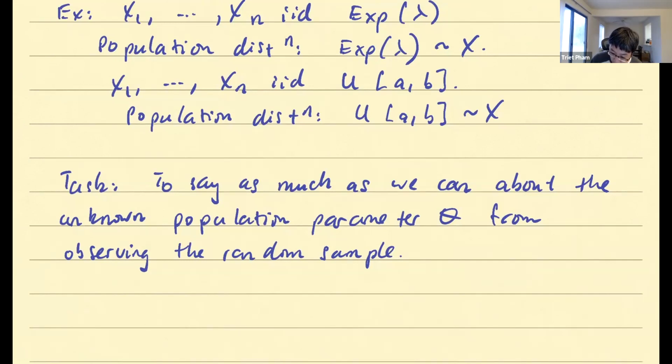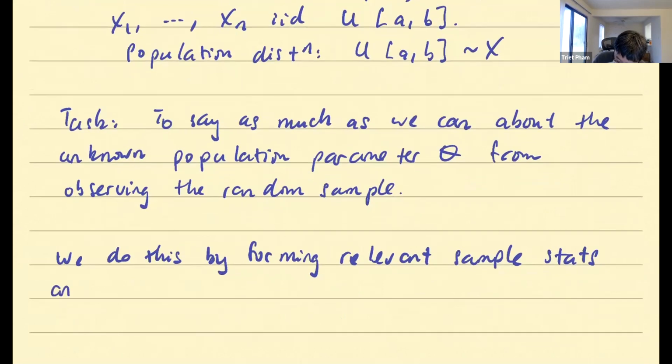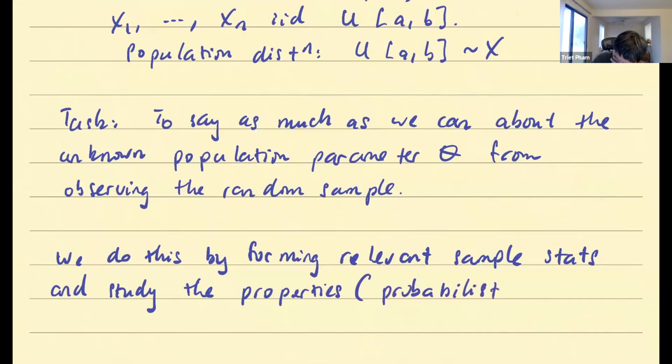Okay. All right. So the way we do this is via the sample statistics. We do this by forming relevant sample statistics, I just say stats, and studying the properties. And by properties here, we mean the probabilistic property of these stats.